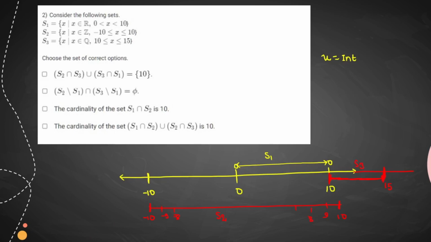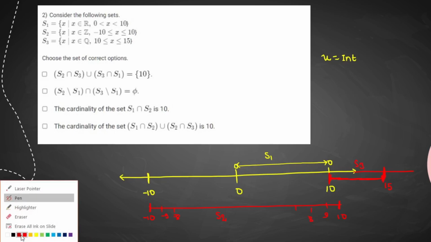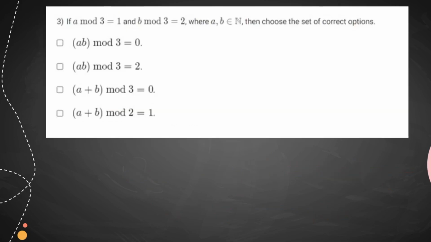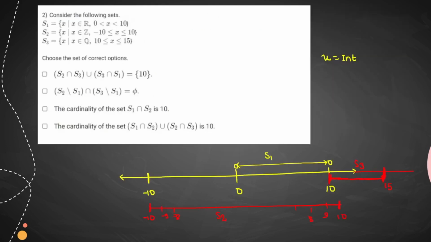Now we are done with these three sets, so let us move to the options. We have to choose the correct option. The first option is S2 intersection S3. S2 intersection S3 is only 10.